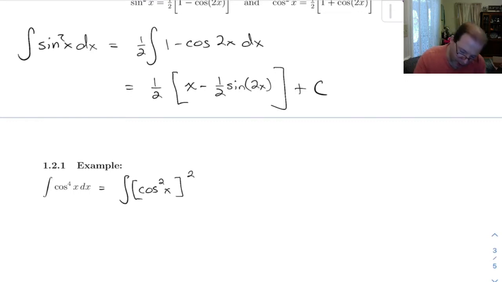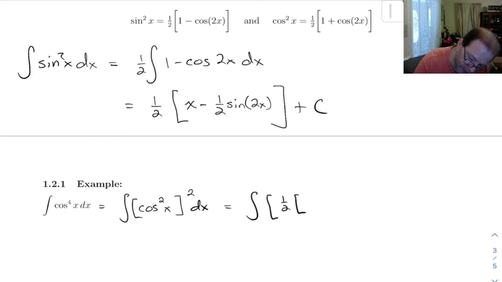Let's do the problem that's given to us. So I've got to replace this cosine squared x with 1/2 times 1 plus cosine 2x, dx.